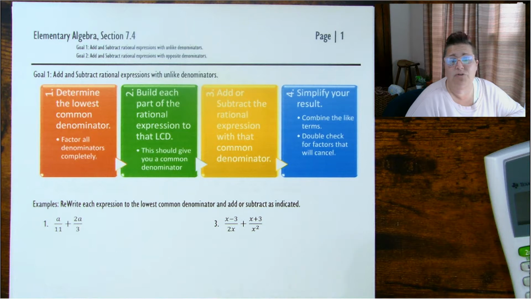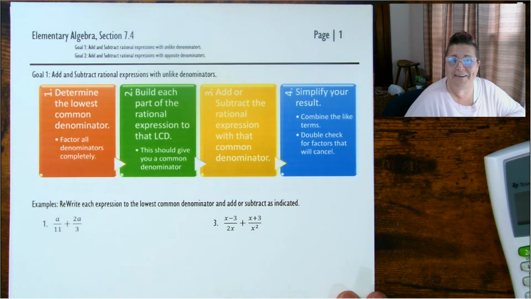We'll add and subtract as needed using that common denominator, and then we're going to look at simplifying the result. This in and of itself can include several steps, including any distribution or combination of like terms. And for our final step, we will double check to make sure that whatever our new numerator is, it has been factored completely and isn't left to cancel with anything in our denominators. So let's go through a few of these problems and see how it goes.